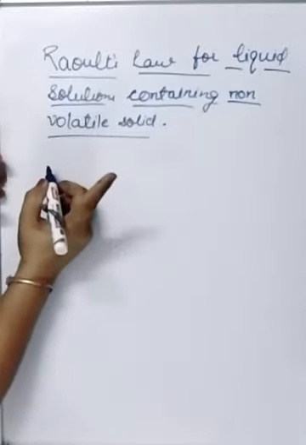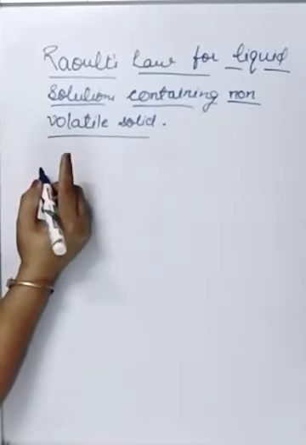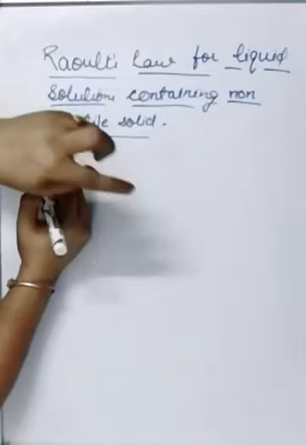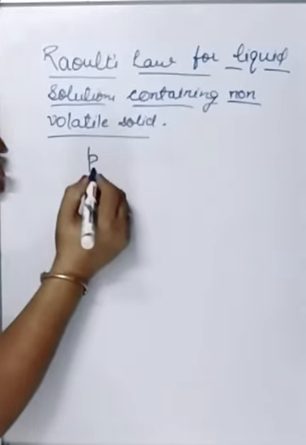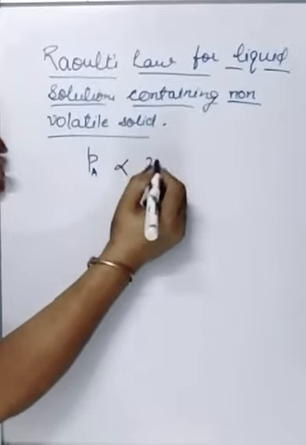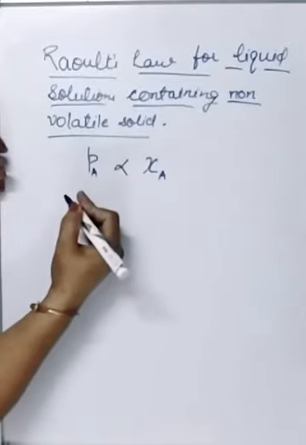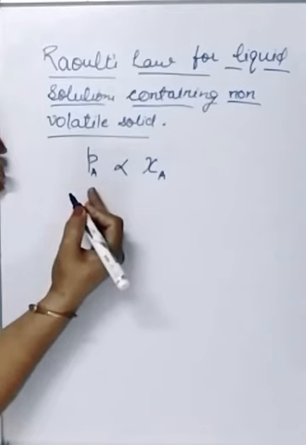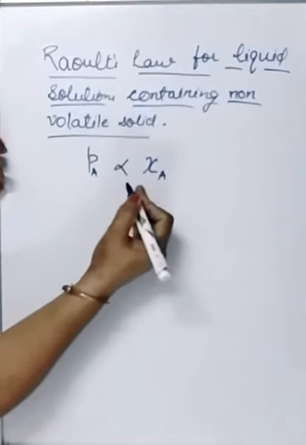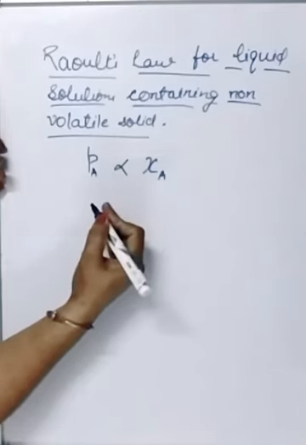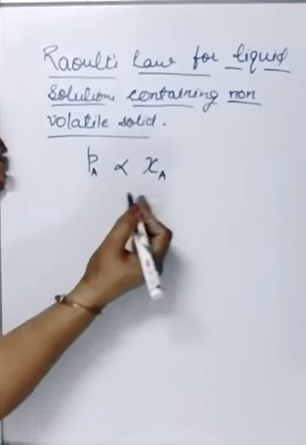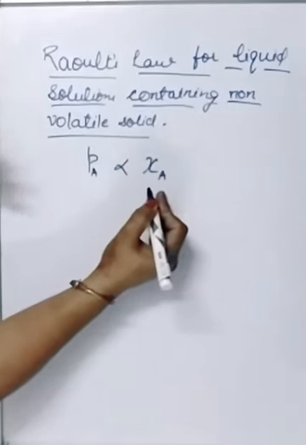One statement of Raoult's law, that partial vapor pressure of a component in its solution is directly proportional to its mole fraction. That means we had seen Pa is directly proportional to Xa. Or if we are taking solute as volatile, then Pb will be directly proportional to Xb. A general that partial vapor pressure of a component in a liquid solution is directly proportional to its mole fraction. One thing this we should remember.